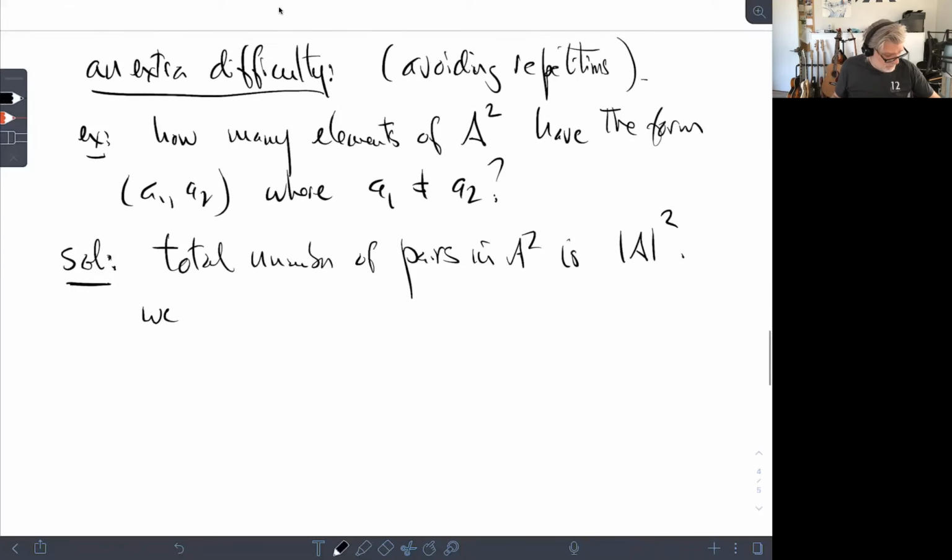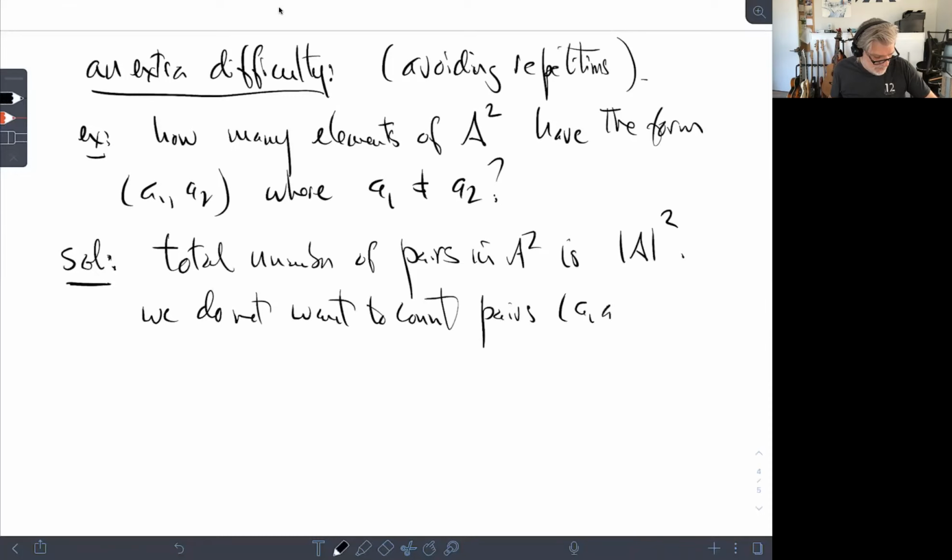Which ones do we not want to count? Those pairs which have the same entry, the pairs A, A. These guys, we don't want to count them.